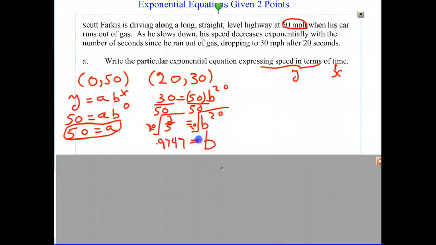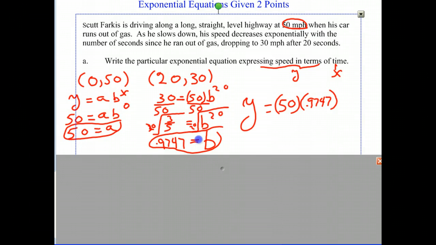So that's our b value. So our equation is y equals a, which is 50, times b, which is 0.9747, raised to the x power, and that is our exponential function.